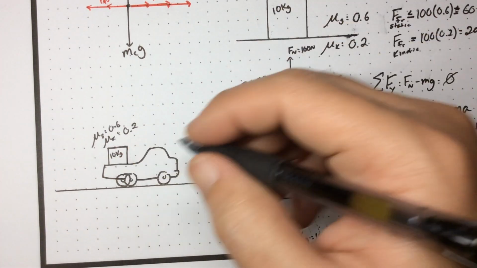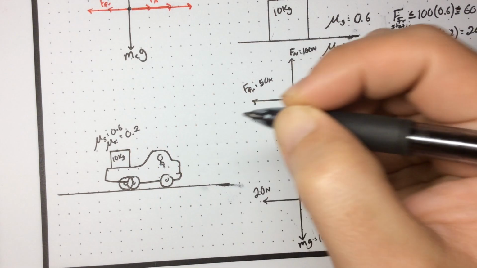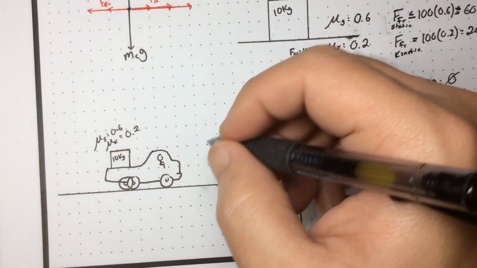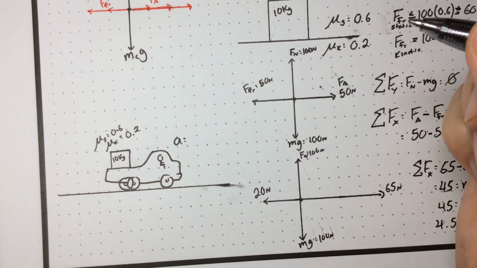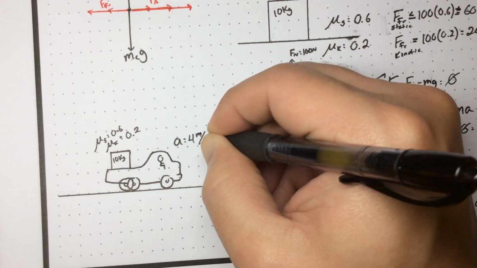And so you're sitting in the truck, and you are going to push on the gas pedal, and this truck is going to accelerate forwards. Let's say you push on the gas, and you give this truck an acceleration of 4 meters per second squared.